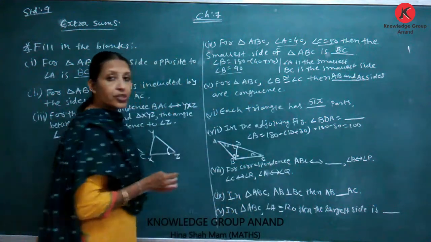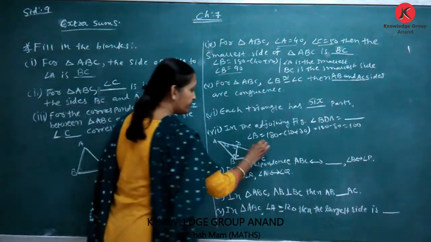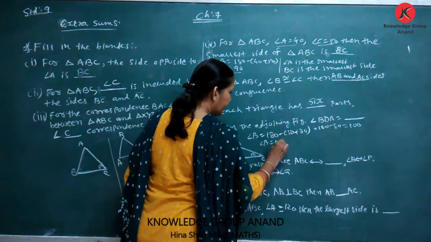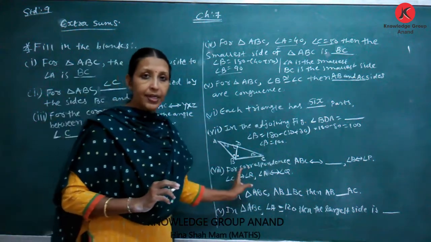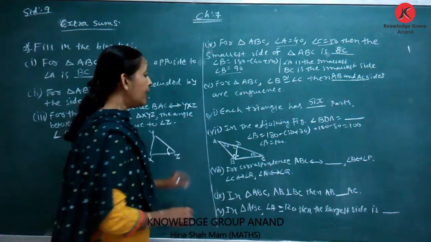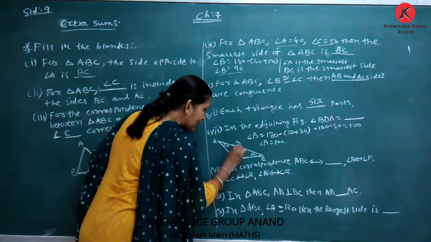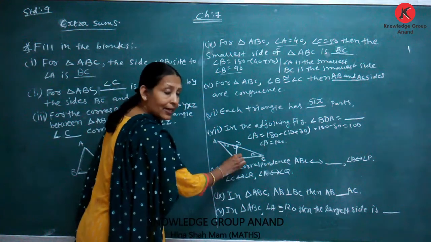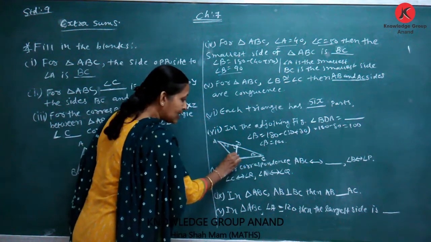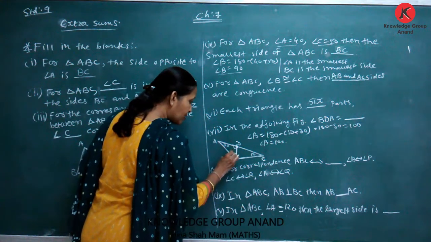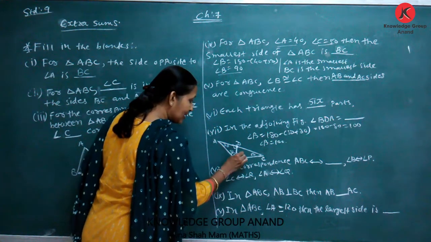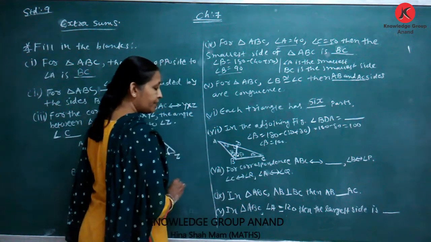Angle B is equal to 100. You find this third angle using angle sum property. Here it is a bisector because 2 angles are equal. Then this angle is 50 and this is equal to 50.